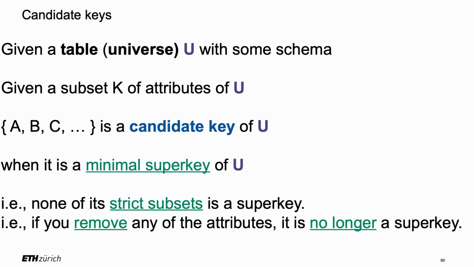But this is wrong. This is not what minimal means. Minimal really means in terms of subsets that you cannot remove attributes. If there's any mathematician in here, it has to do with lattices, the algebraic structure, but I don't want to scare you with that. So a candidate key is a super key if all the attributes are really important. You cannot remove anything.